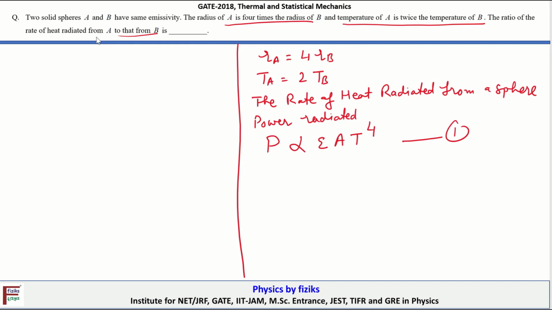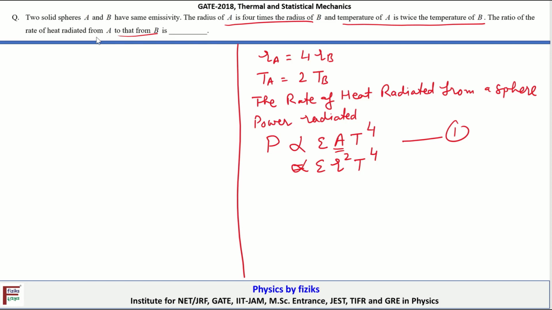Now because area is proportional to radius square, I can write that power is proportional to emissivity, radius square, and T power 4, by clubbing all the proportionality constants into one single constant.